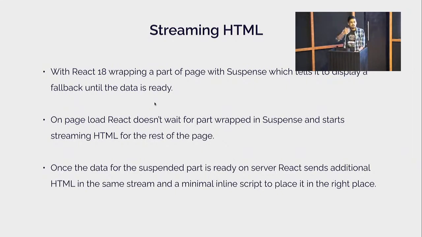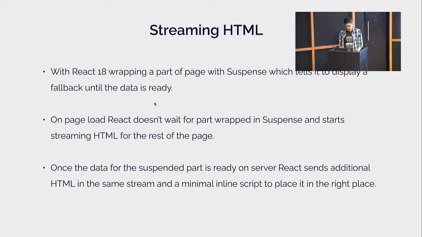So on the initial page load, in the initial HTML stream, the user gets the fallback that we added to Suspense, and once we have fetched the data for the suspended part on the server, the server can send that data into the same stream, and React sends additional HTML into the same stream with some minimal inline script to pop it into the right place.